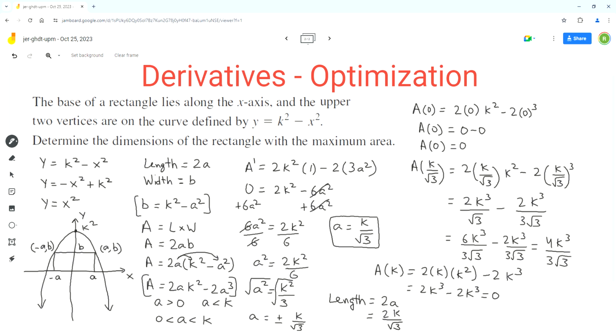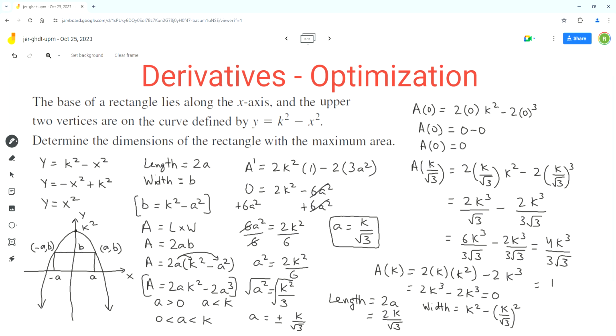Now we can find the width of the rectangle, which is equal to b, and we can use this b equation. B equals k square minus a square, and a is equal to k over square root of 3. Now we can simplify this expression.